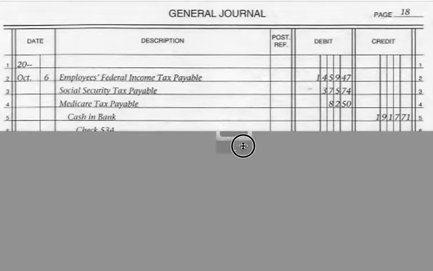So now our check to the federal government will be written out for $1,917.71, which is these three numbers added together. So in this case, we can combine three different payables into one check to be written to the federal government. And then our source document will be check 534.